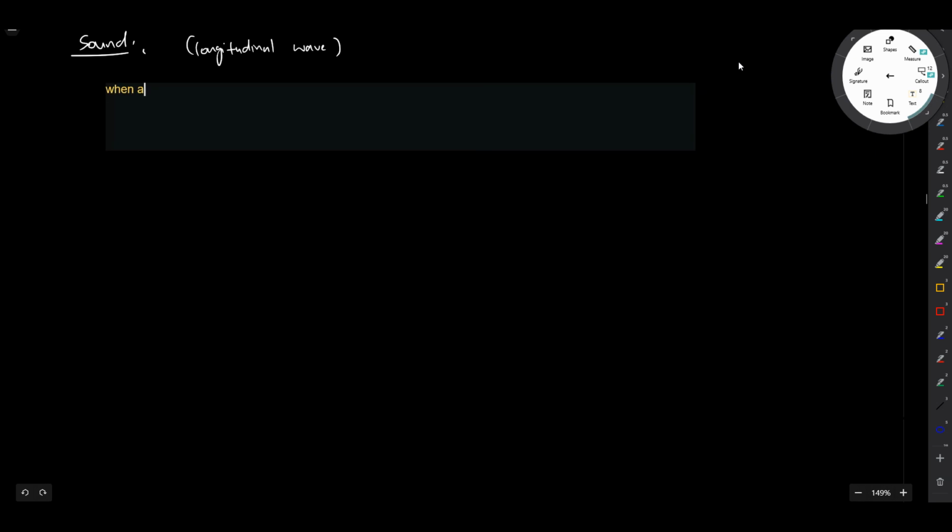So when a disturbance occurs, it causes particles in the medium to vibrate.